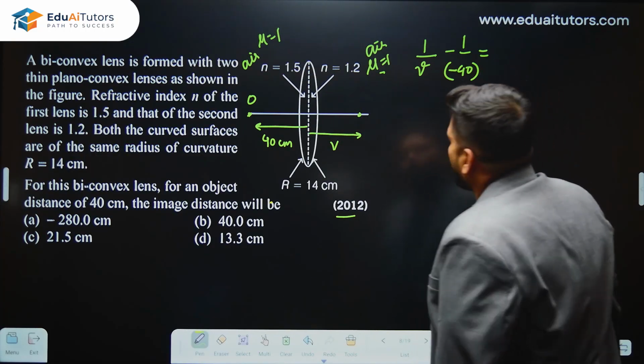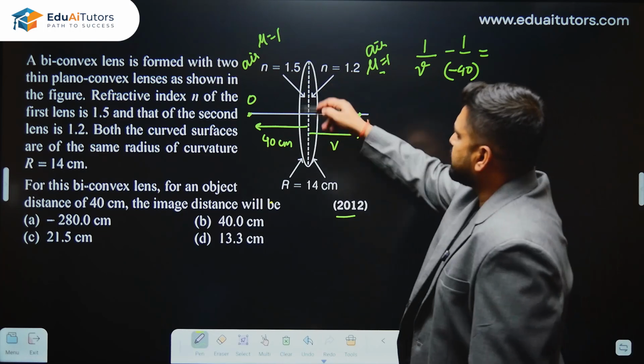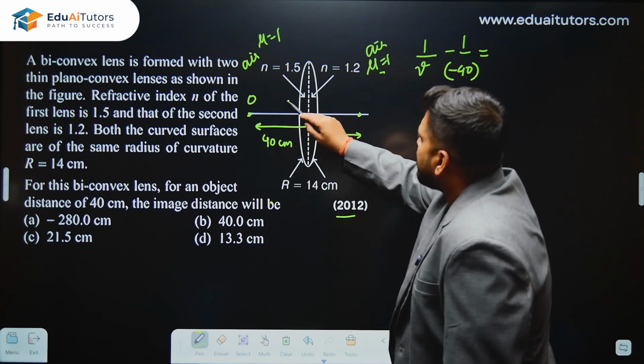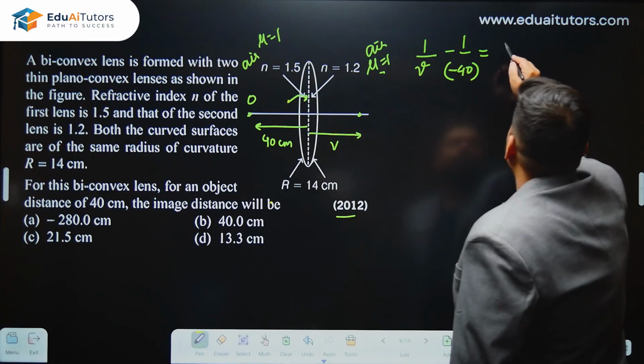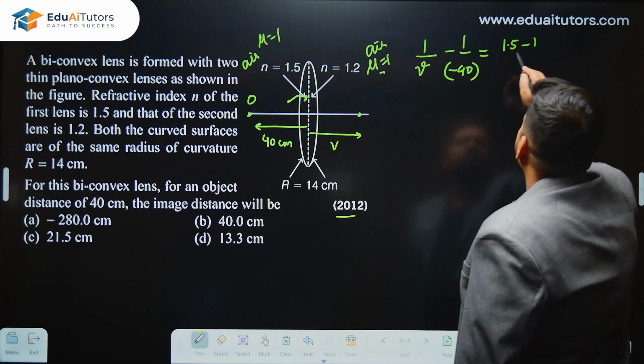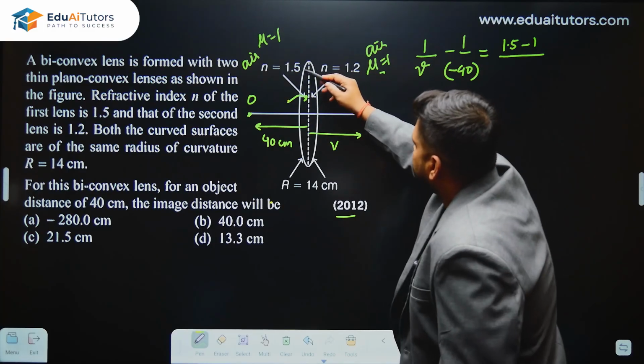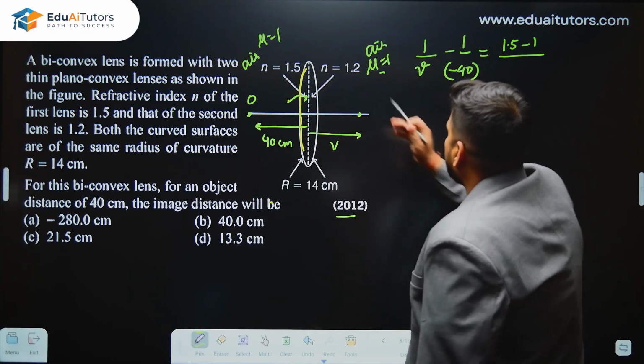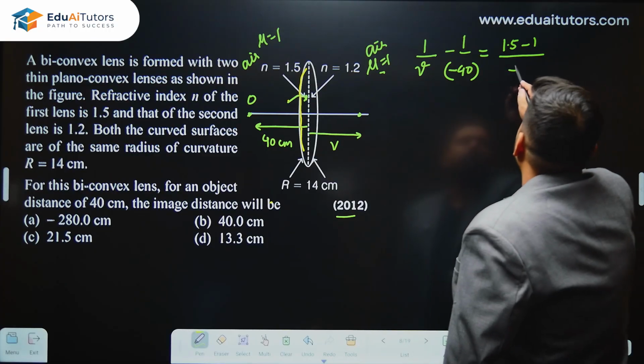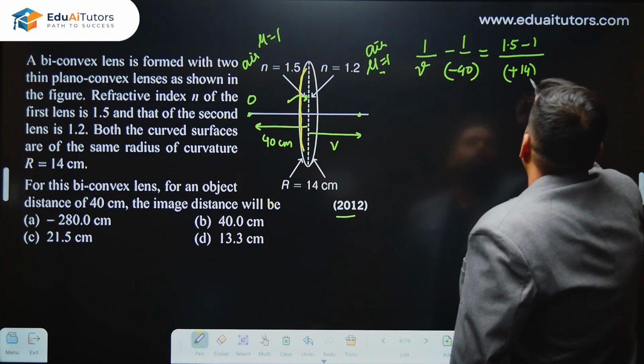Is equal to, for the first surface, the light is coming from air and going into the lens, so it will be 1.5 minus 1 divided by R, and R should be positive, which is 14 centimeters. So plus 14, no problem.